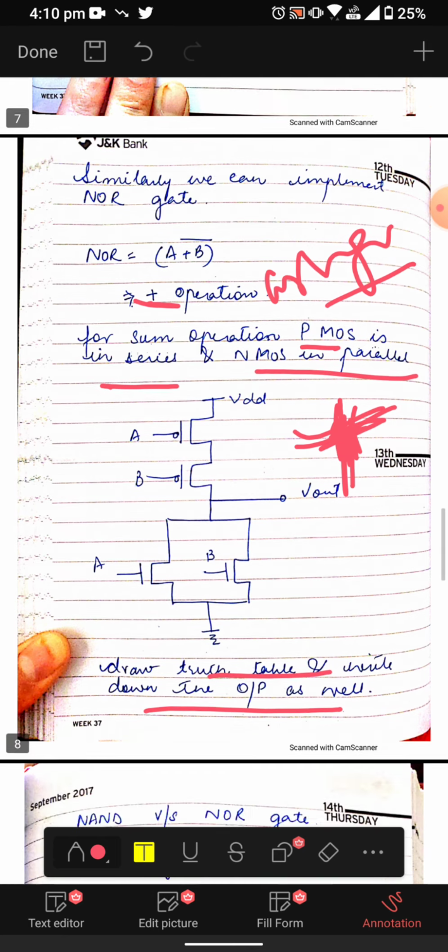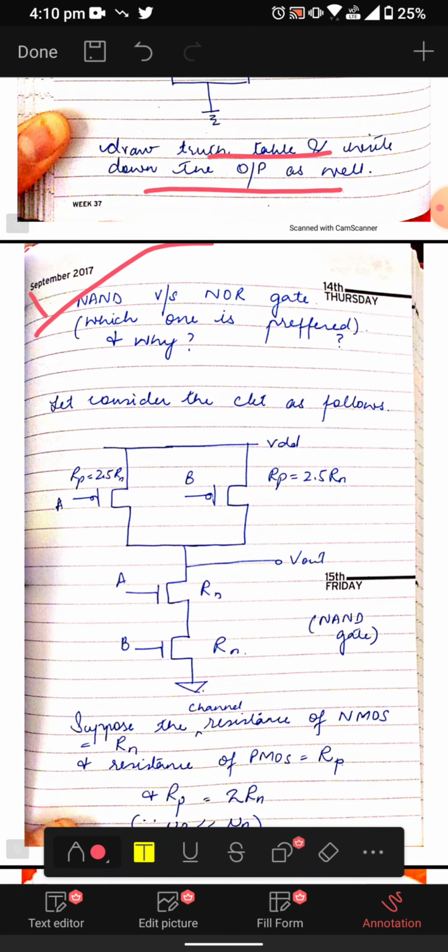Now, this is a very important concept. NAND versus NOR gate, which one is preferred and why? This is very important. You need to understand it very carefully. It's very simple, but it's a very important concept when it comes to differentiating between a NAND gate and a NOR gate. For example, I have to make a circuit. I can use the NAND gate and I can use the NOR gate as well for the same operation.